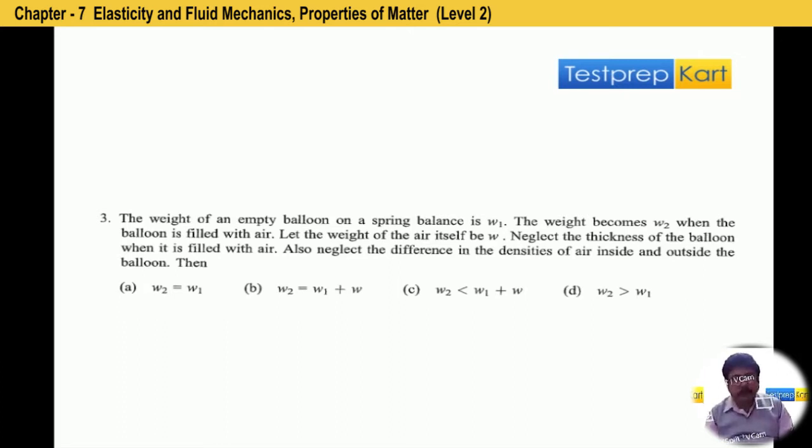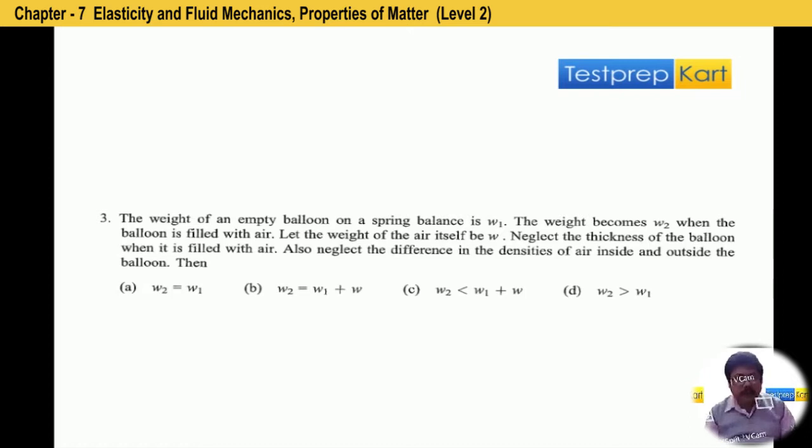Next, the weight of an empty balloon on a spring balance is W1. The weight becomes W2 when the balloon is filled with air. Let the weight of the air itself be W, neglecting the thickness of the balloon.